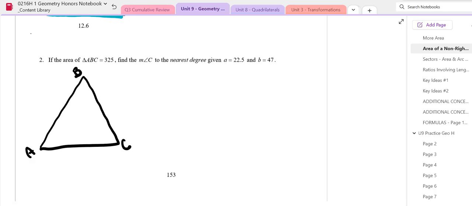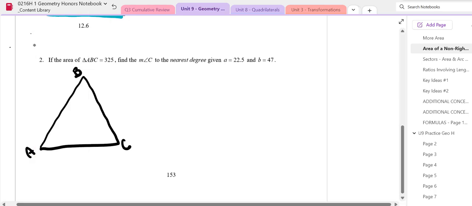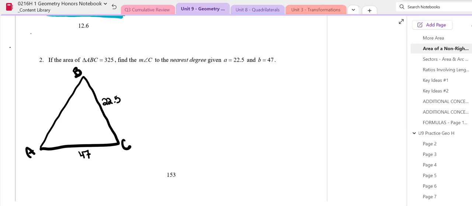I know that the side opposite angle A is 22.5. I know that the side opposite angle B is 47. I know that we're trying to find the measure of this angle that joins those two sides. And I know that K, our area, is 325.